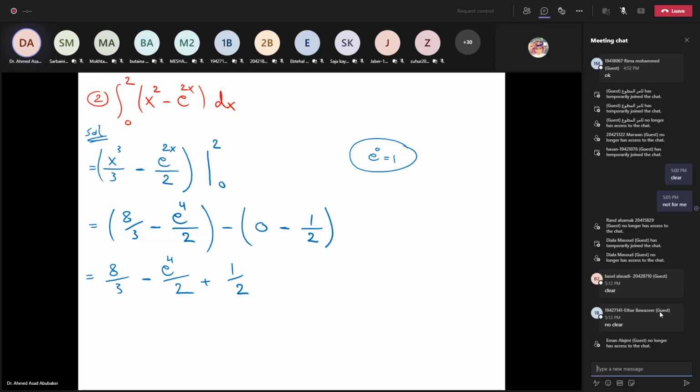This is the result. If we need to simplify more, we can add 8 over 3 plus 1 over 2, so we have in the denominator 6, 16 plus 3 is 19, minus e to the power 4 over 2. This is the final result.